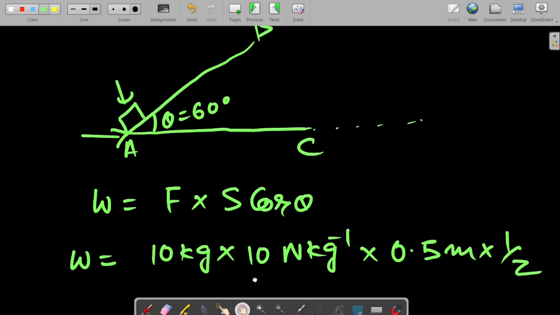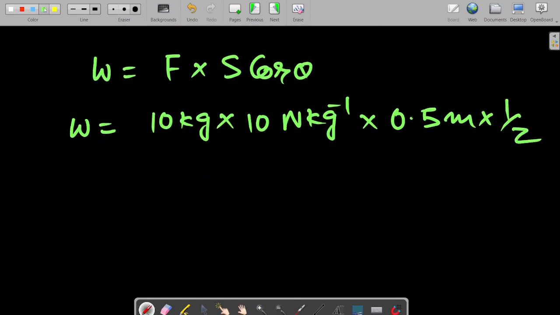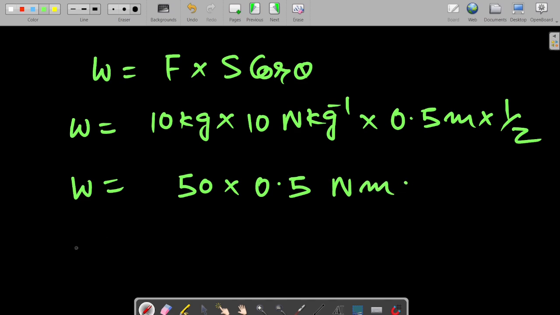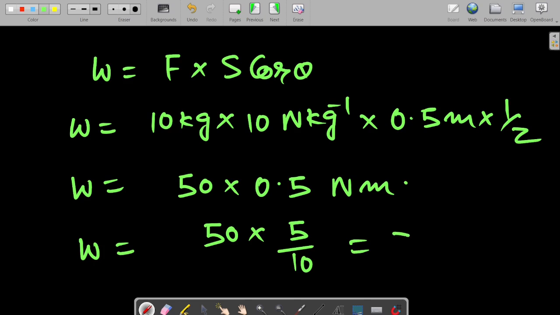So if you simplify this, 10 into 10 is 100 by 2, 50 into 0.5 Newton meter, and W is equal to 50 into 5 by 10, that is equal to 25 Newton meter, which will become 25 joule.